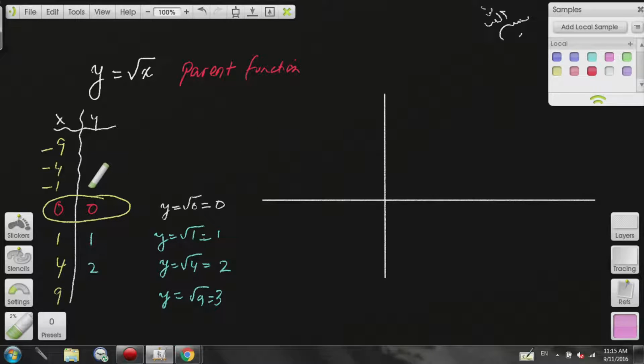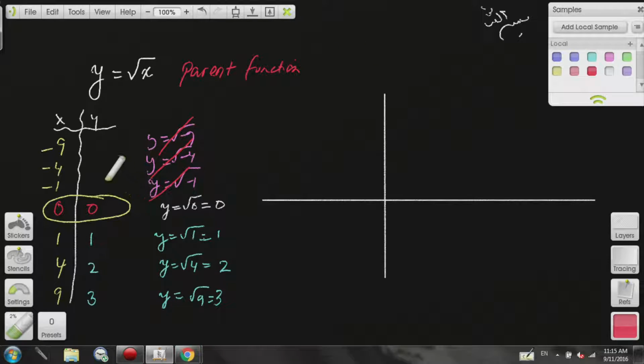And then you go over here, -1. So y is square root of -1. Oh, that's the problem, because you can't take a square root of a negative number, see? So y equals square root of -1, square root of -4, square root of -9. These don't work.